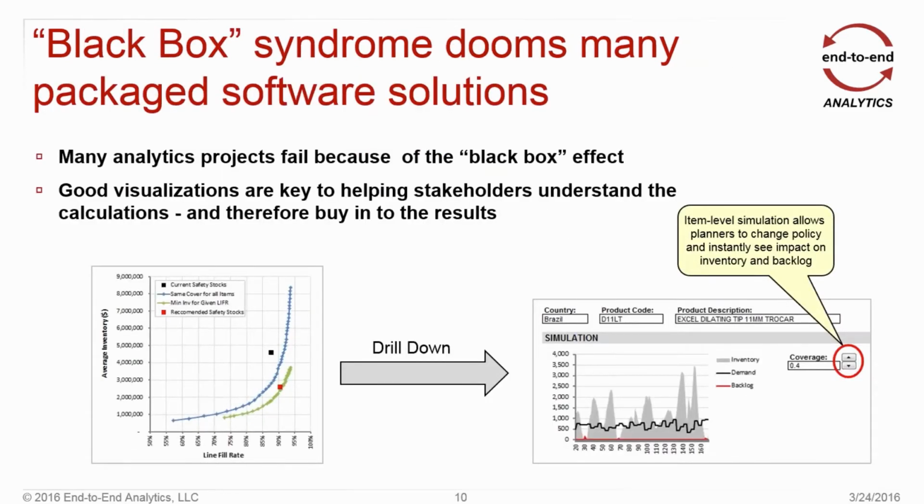One of the things that we're going to keep coming back to is the well-known black box syndrome that dooms many packaged software solutions, right? There's no shortage of analytics software out there that no longer gets used. At the beginning, Russell talked about how we have a lot of customers who really can buy just about any solution they want, and they have, and they still come back wanting more.